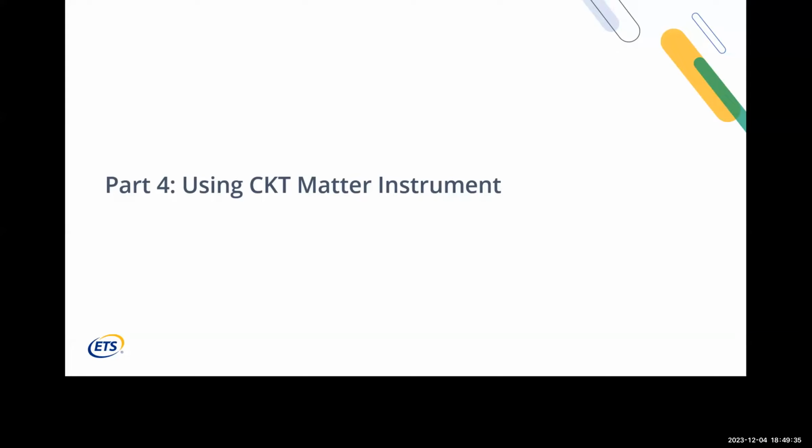David took you through creating the account to access the online CKT Matter assessment that you can administer to other pre-service elementary teachers that you work with in your context. But for the CKTScience.org website, you would need to create a separate account so you can access those example CKT Matter items and the CKT instructional packets. Just wanted to make that clear, that they're two separate accounts.